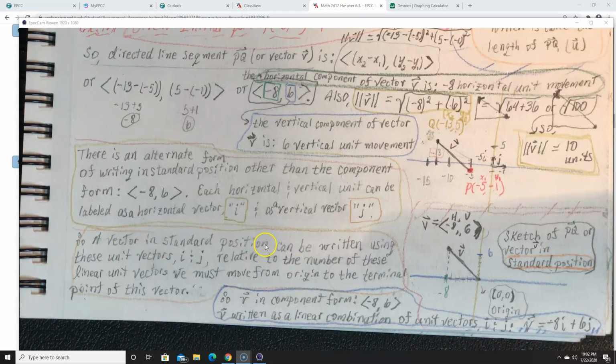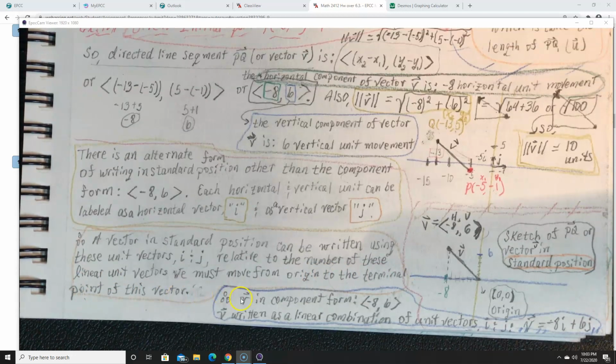A vector in standard position can be written using these unit vectors i and j relative to the number of these linear unit vectors we must move from the origin to the terminal point of the vector. You're moving in a linear fashion, not in a curved amount.